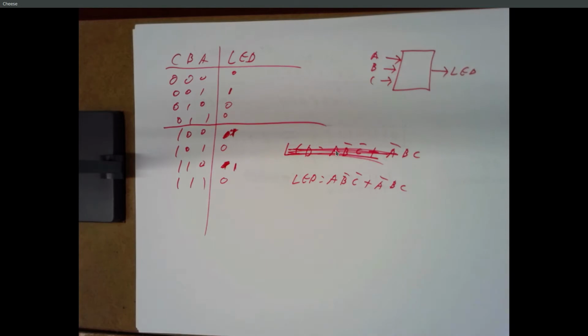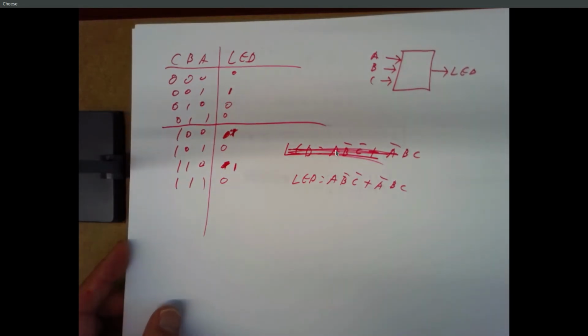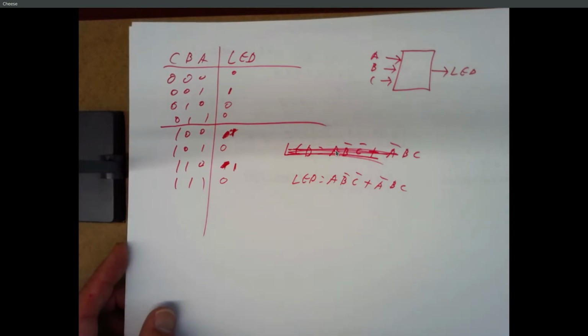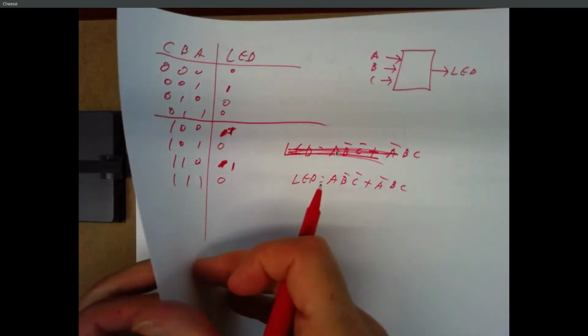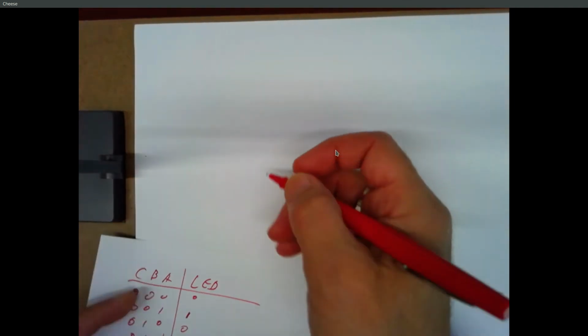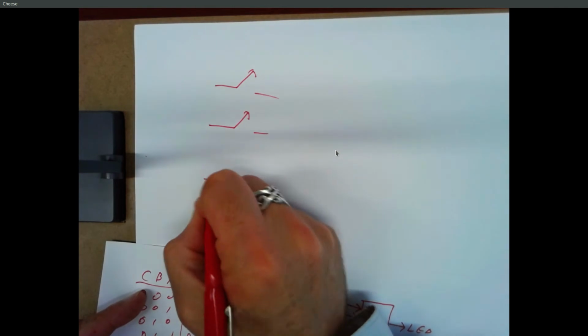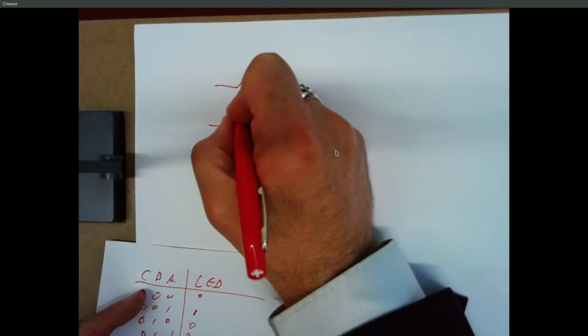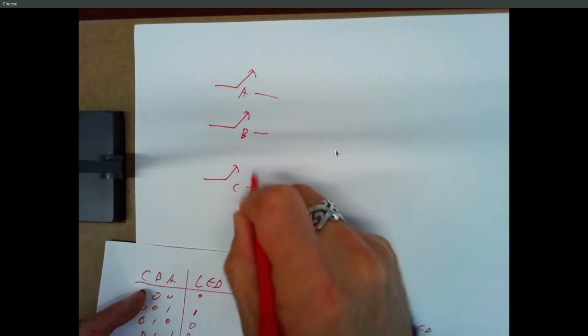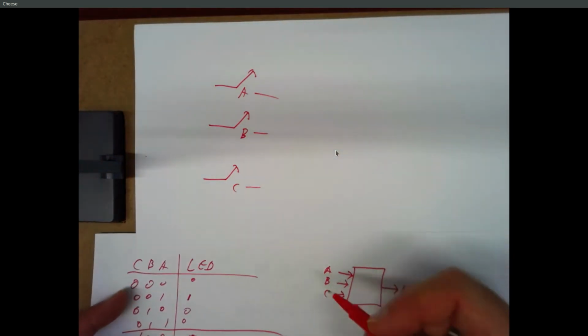So, schematics looked good. Switches are still tricky. Okay, so you've got 3 inputs, A, B, and C. So you want 3 switches labeled A, B, and C. And make sure you label the switches themselves, not some point down the circuit that's connected to the switch.